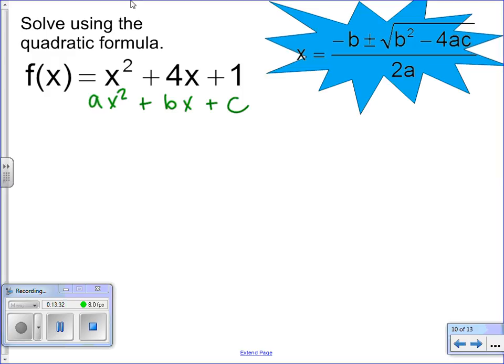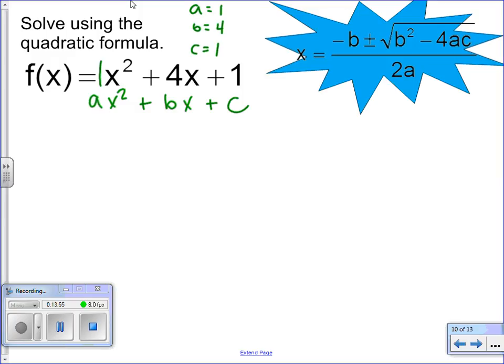It must be a 1. Okay, so we can go ahead and say that a is equal to 1, b is equal to 4, and c is equal to 1. So that's helpful. I know what all those coefficients are. Note that when you're doing quadratic formula, you should never be plugging in x's or x squareds into the quadratic formula. It should be only numbers.